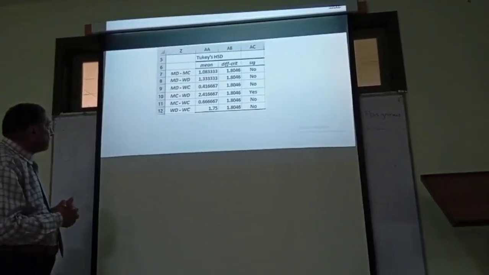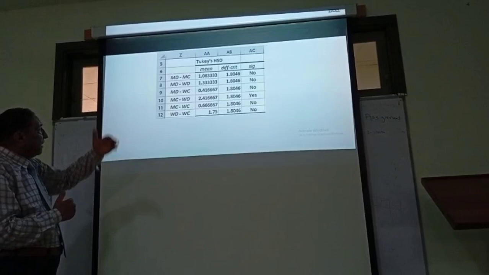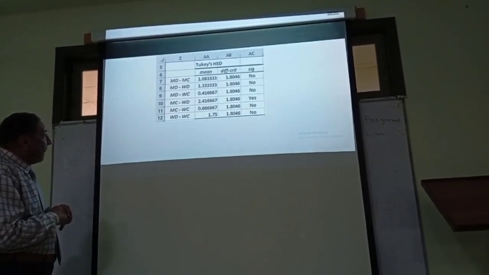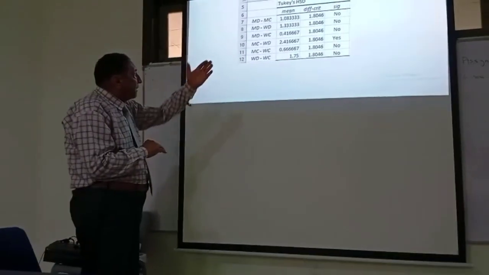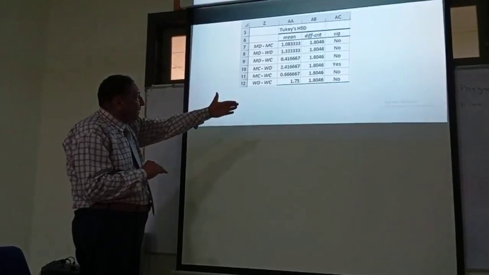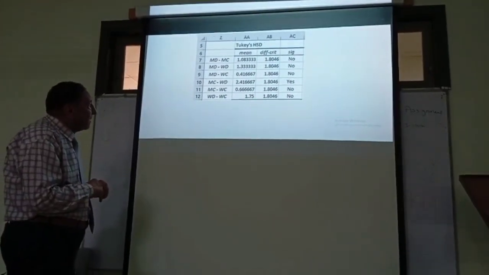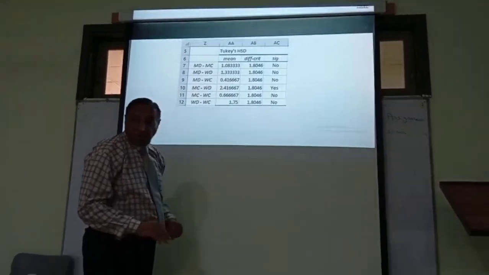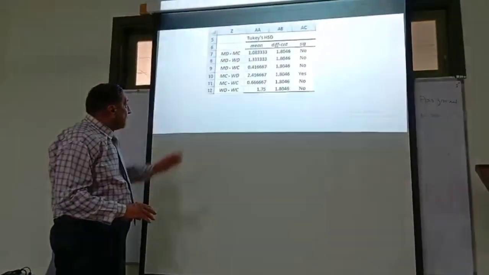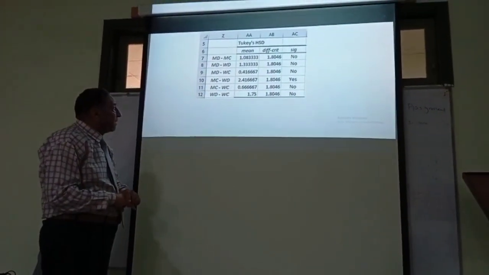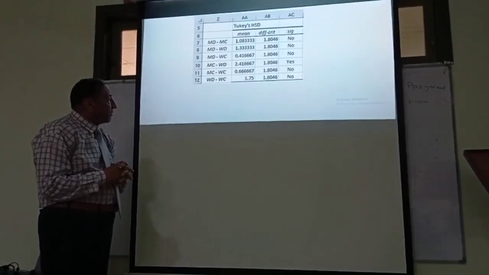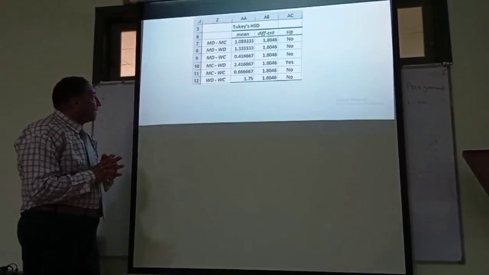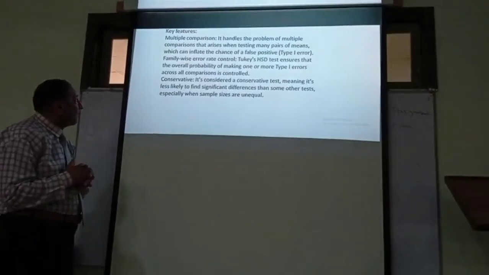Next. Here you can see another summary, and ultimately the critical difference and significance level are mentioned. Only one is significant, other groups are not significant. So group 10 is significant, and you can see that 1.8046 is important. Next please.